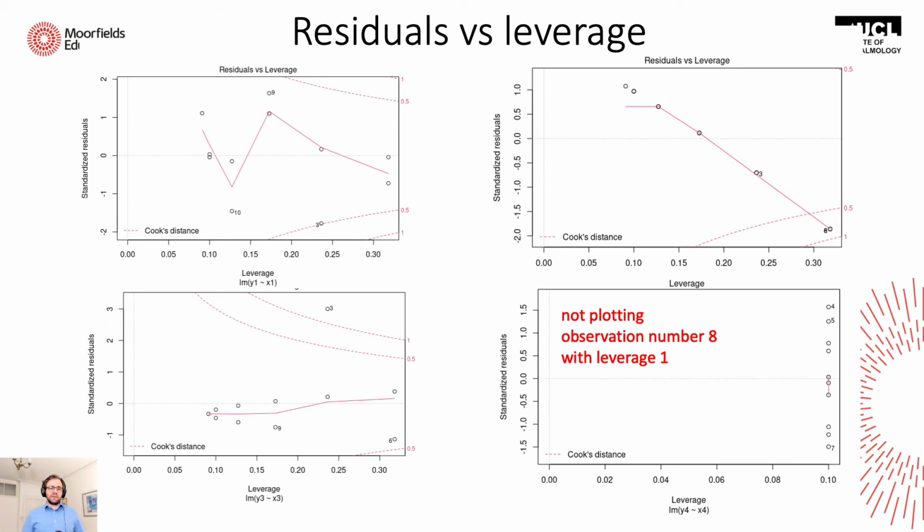So clearly this confirms what we saw, and what was obvious is that that data point has a massive effect on the model and is driving the linear regression.